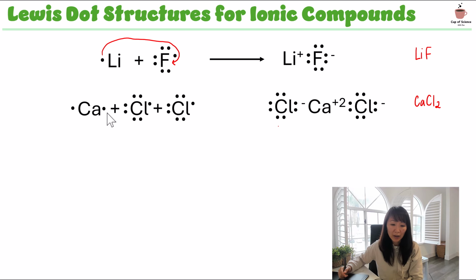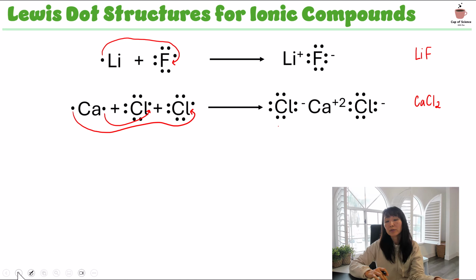That's because one of the electrons gets donated to this one, and the other one gets donated to the other chlorine. So you see that the chlorines sort of stripped away all of the electrons from calcium, and each of the electrons from the calcium went to a chlorine.